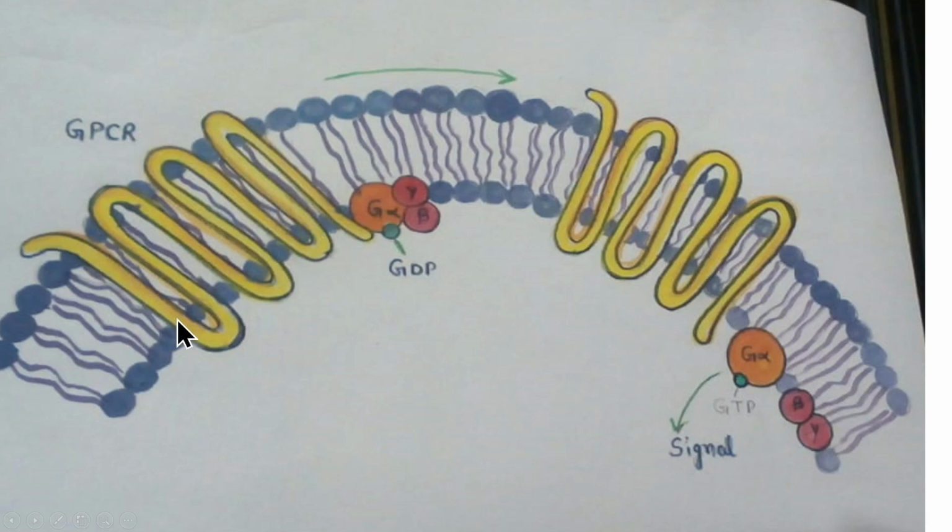Once GTP binds to the alpha subunit, this G alpha subunit dissociates from the beta gamma dimer.